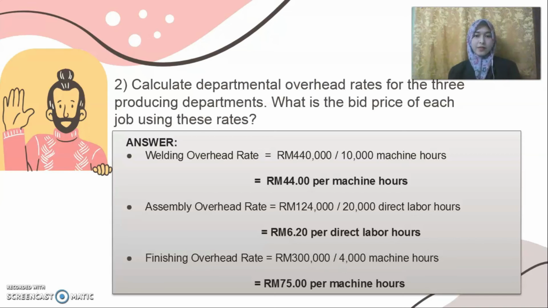And for the assembly overhead rate, we do the same thing, but we change to direct labor hours, because in the question they state we are using direct labor hours, and we get the answer 6.2 ringgit per direct labor hour. And for the last one, the finishing overhead rate, which is 300,000 divided by 4,000 machine hours, we get 75 per machine hour.